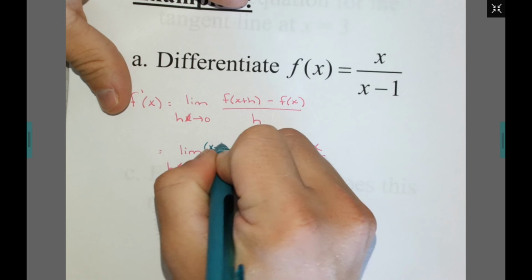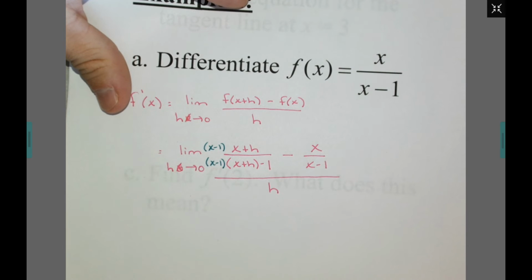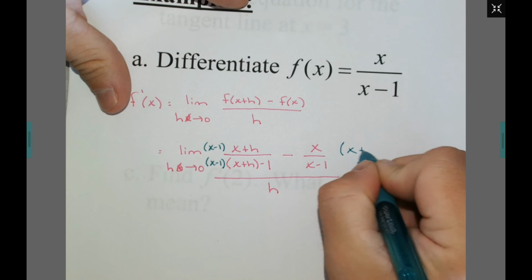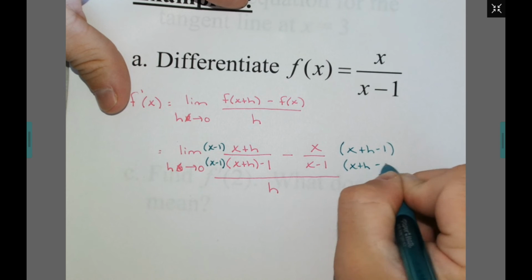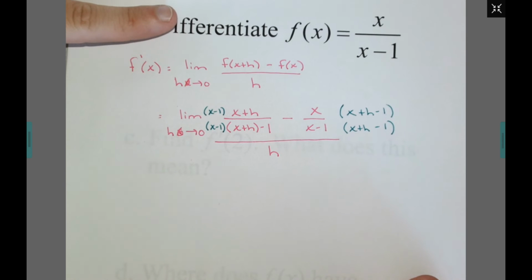So to get our common denominator, the first one, I'm multiplying top and bottom by x minus 1. Second one, I'm multiplying both top and bottom by x plus h minus 1. All right, from here, multiplying out.